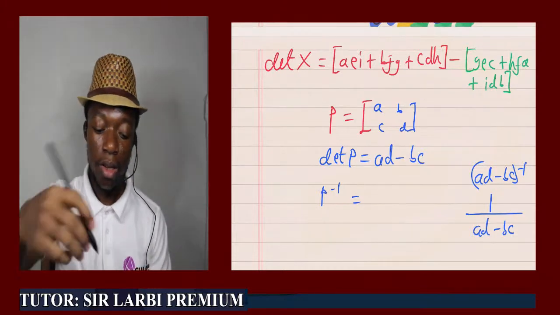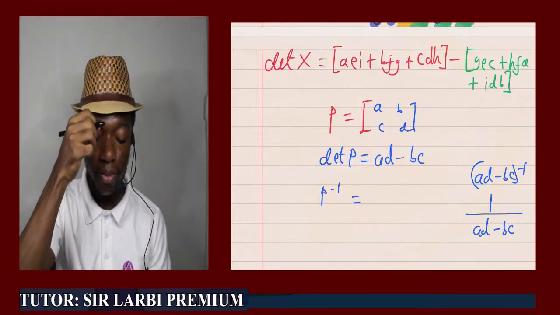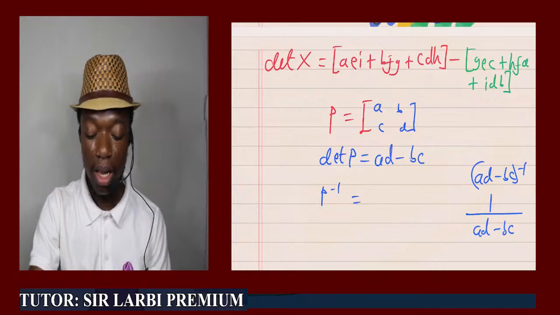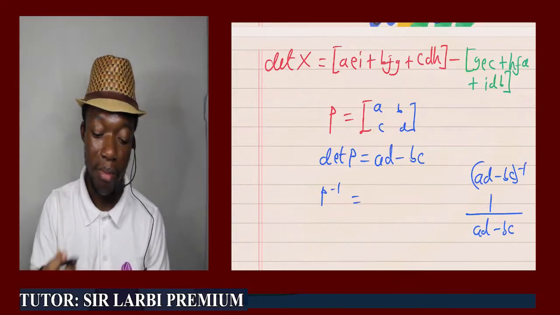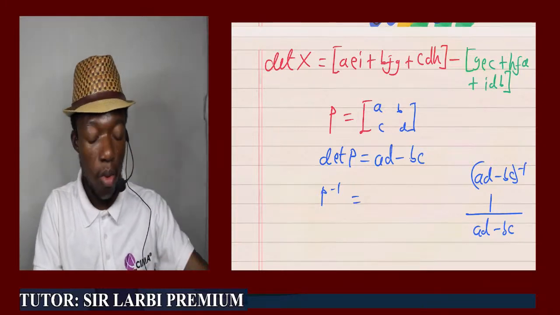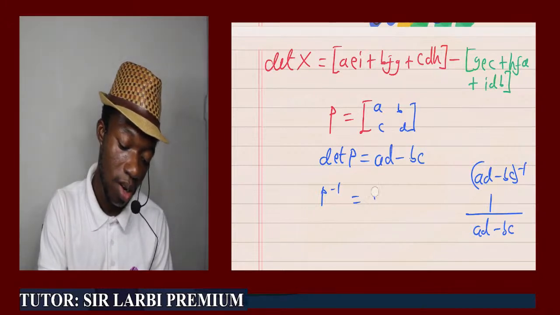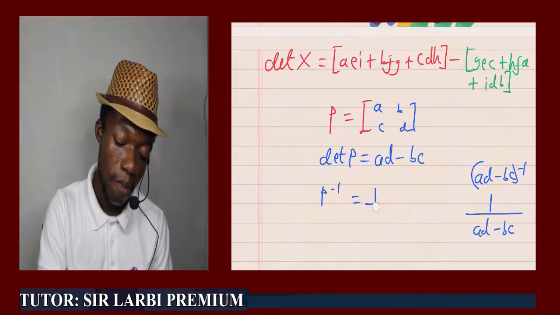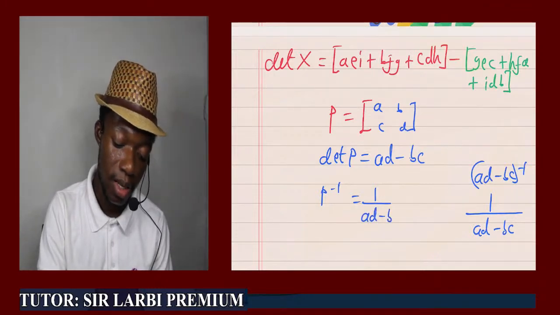To find the inverse means that you must first find the inverse of the determinant. You put a bracket on it and take the power of negative 1. By that, we can write that as 1 over AD minus BC.